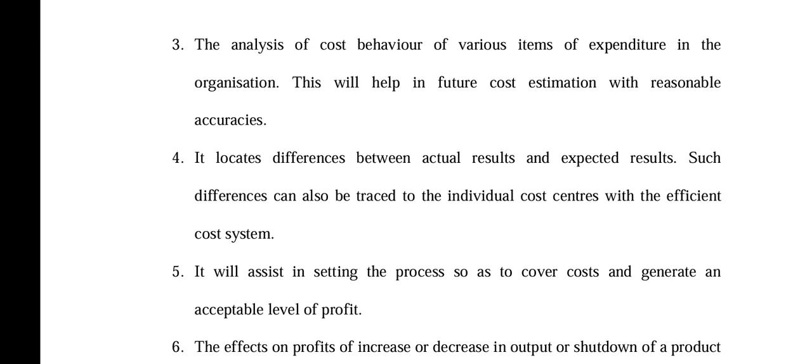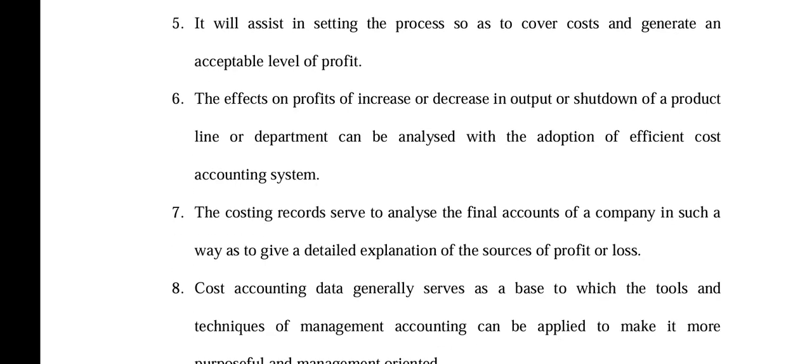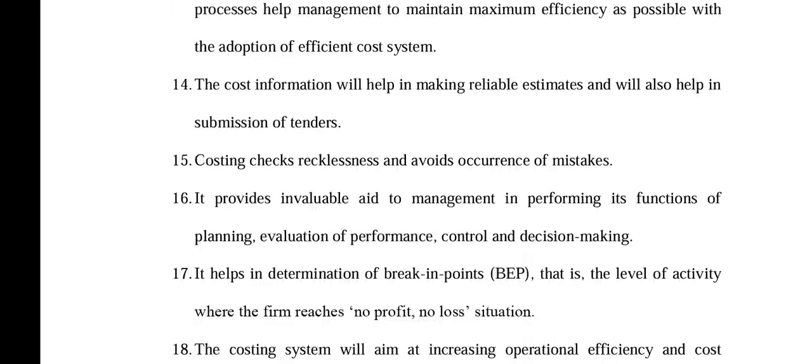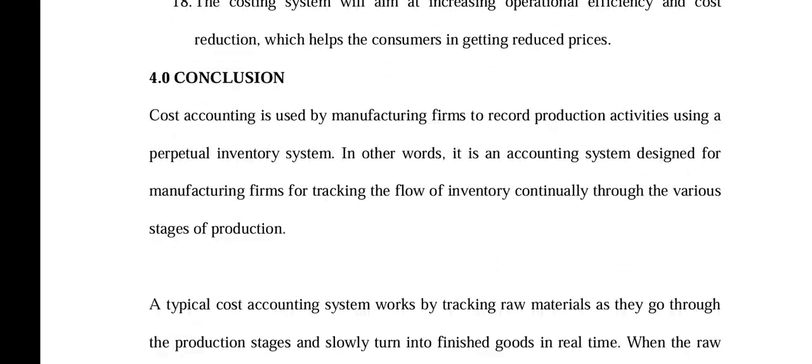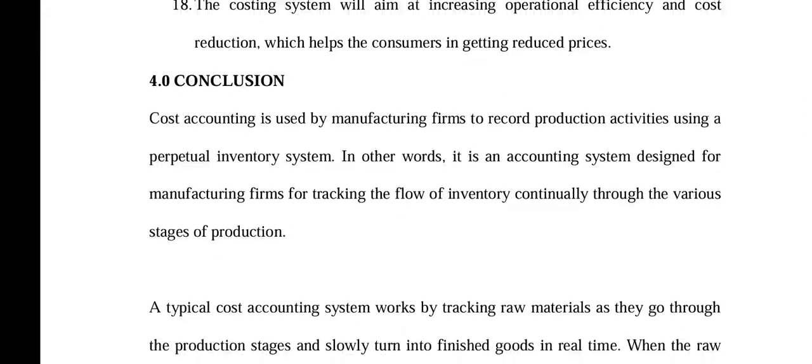This is number 3. Number 5 says it will assist in setting the prices so as to cover costs and generate an acceptable level of profit. So we have all the importances here of why we study cost accounting system. We can just go through them and then we are good to go.